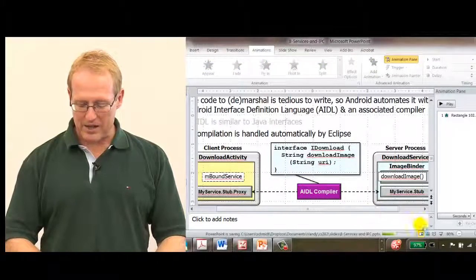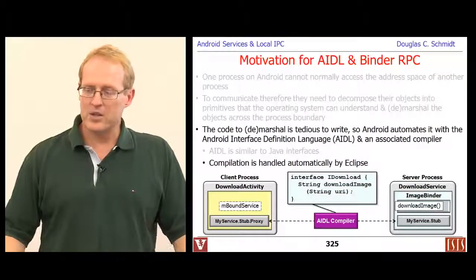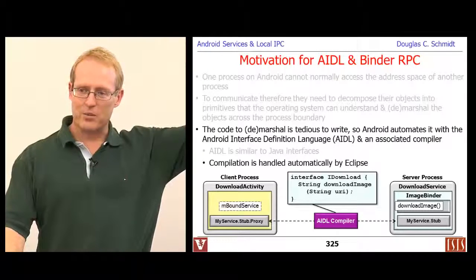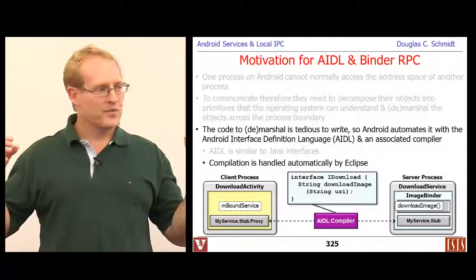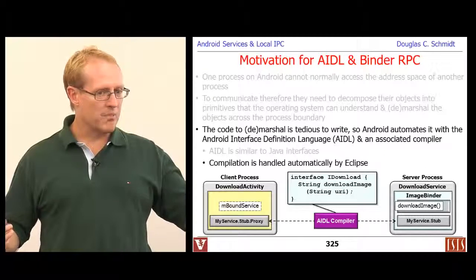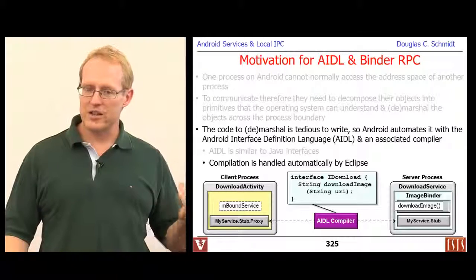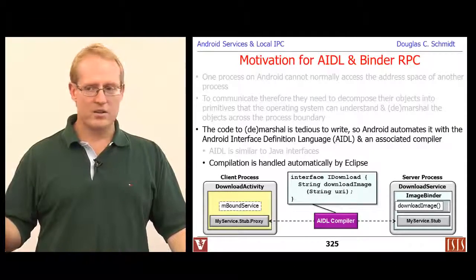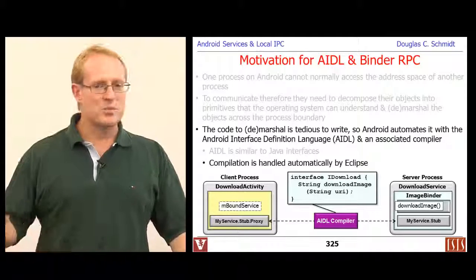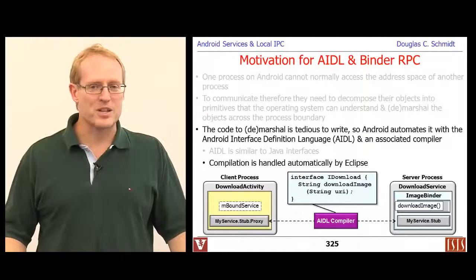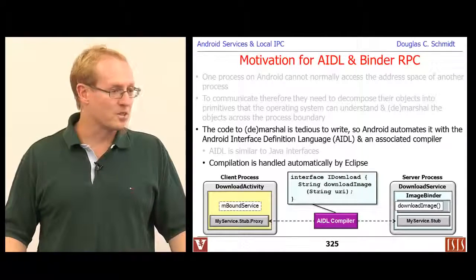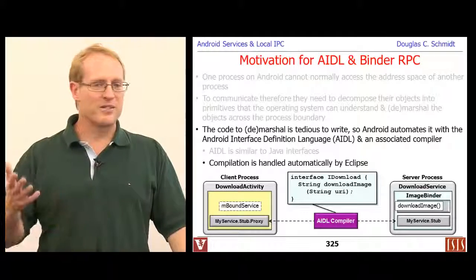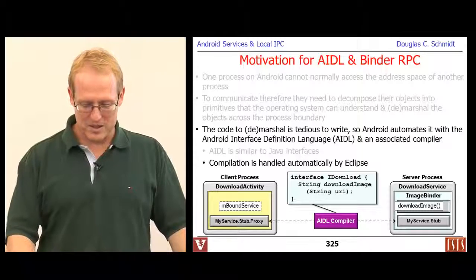So the AIDL compiler is a tool that runs under the hood, and it's used to transform the AIDL, this interface definition language-like syntax, into so-called proxies, which are the things on the activity side or client side, and stubs, which are the things on the service side or receiving side. Just to be confusing as heck, because there are lots of different names for this stuff. Some languages call them proxy stubs and skeletons. Sometimes people talk about client-side stubs, server-side stubs. Android kind of invented their own terms, proxy and stub.